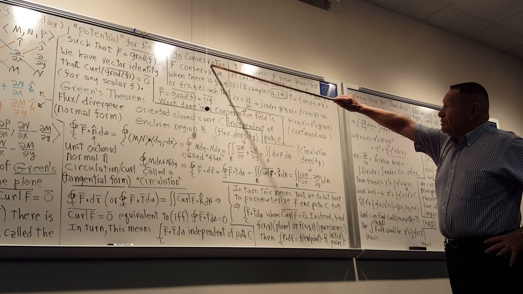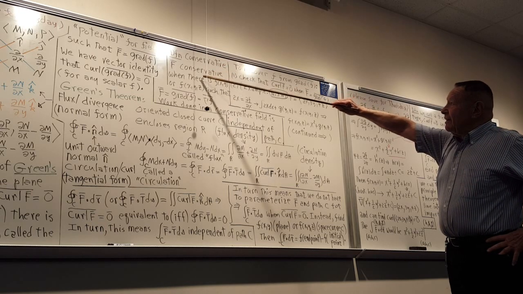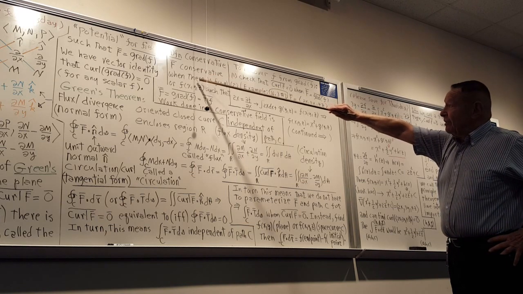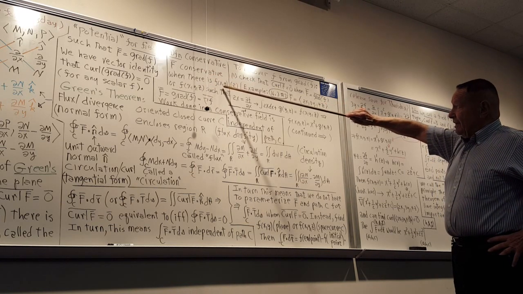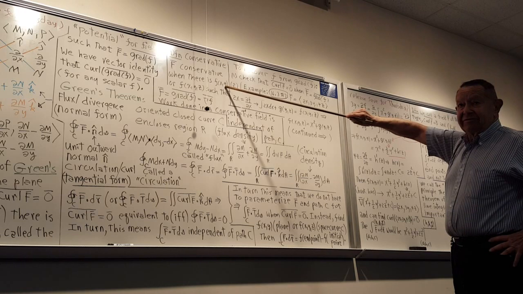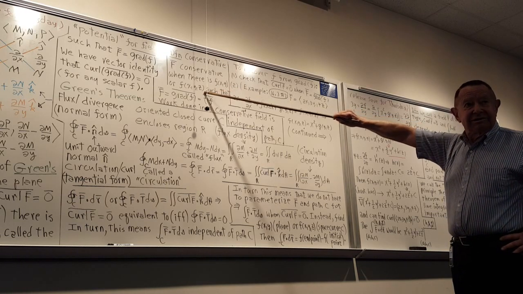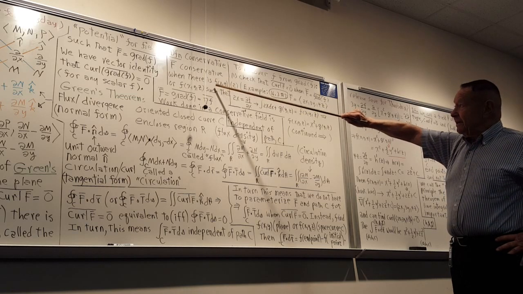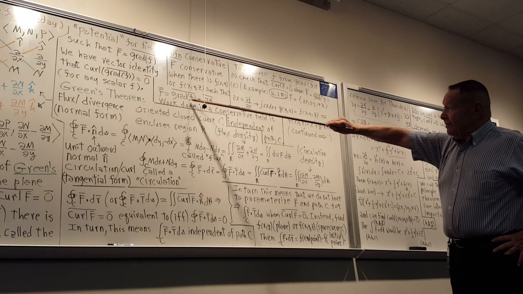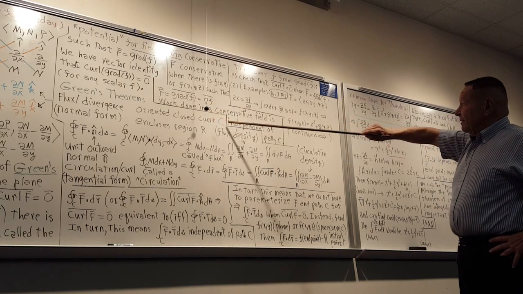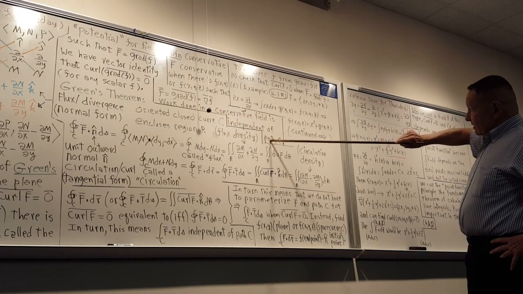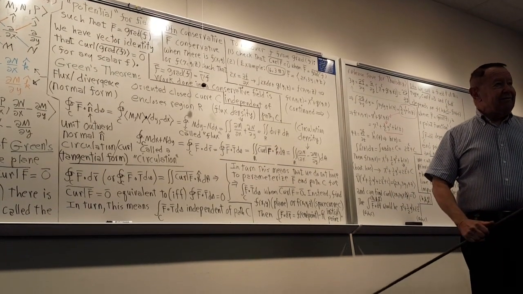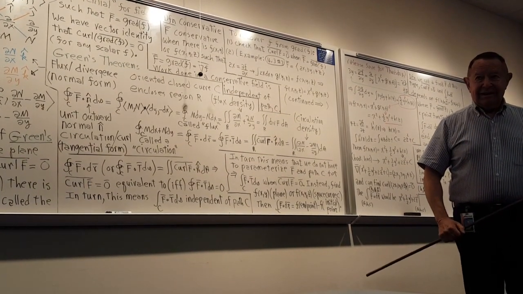So our definition of conservative is that the field is conservative when there is a scalar function of either 2 or 3 variables, depending on whether you're in the plane or in space, such that your field is a gradient. And work done then is independent of path, and that was the example that I presented last Friday.